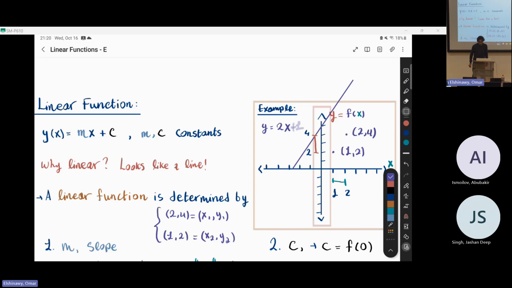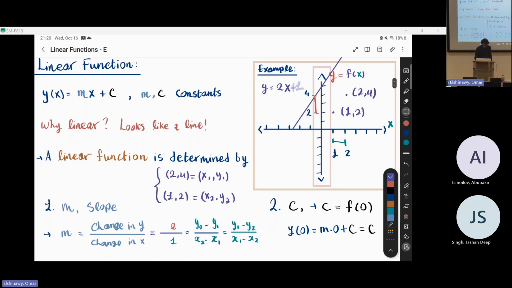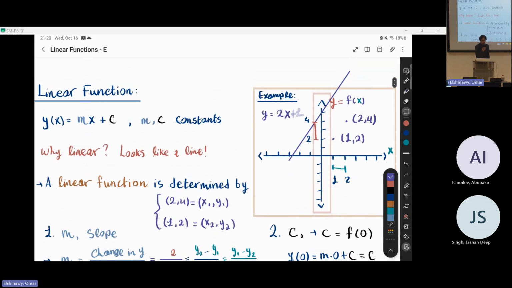Plus 5. 2x plus 5, yes, exactly, because you just count up 5 times and then that's it. And how about you plug in x is equal to 0 into 2x plus 5? What do you get? y equals 5. Exactly. So that's how it works. And this is the point where x is equal to 0.